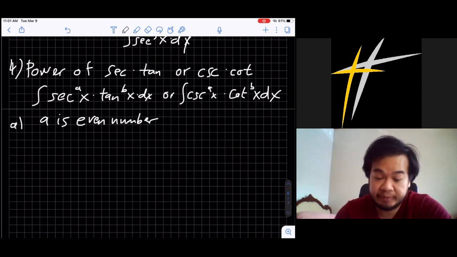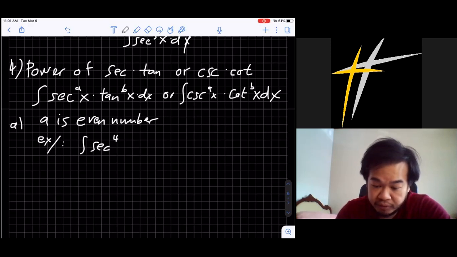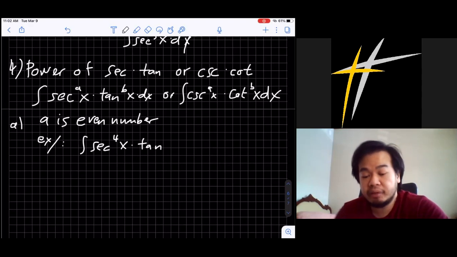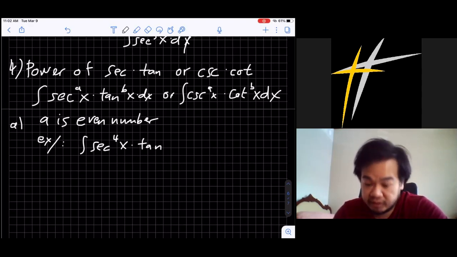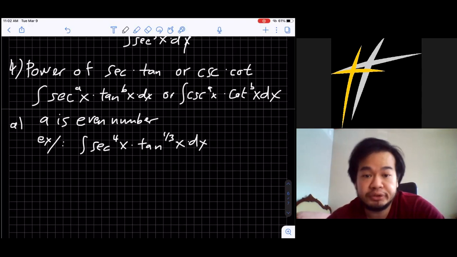Let's try an example: the integral of secant power of 4x and tangent. The power can even be a fraction, for example, let's try 1/3 x. This method can also be used.